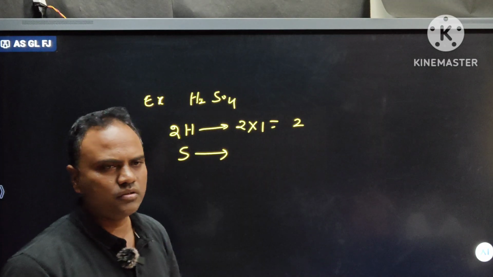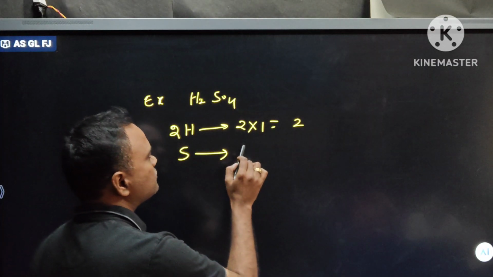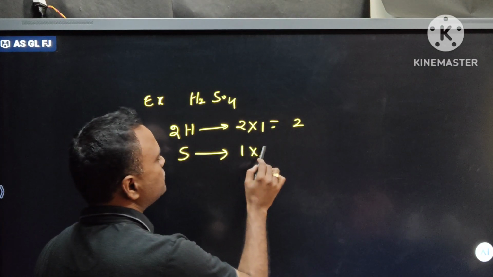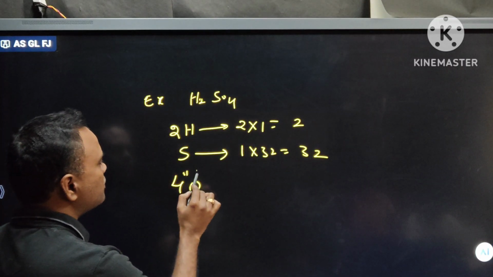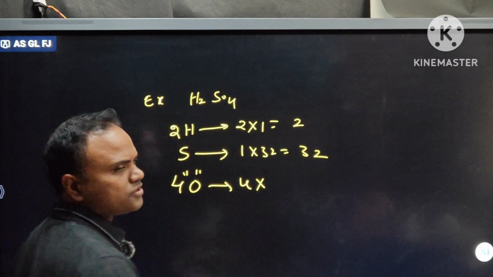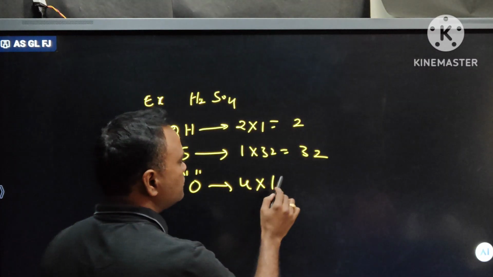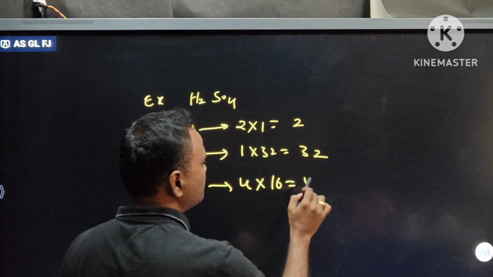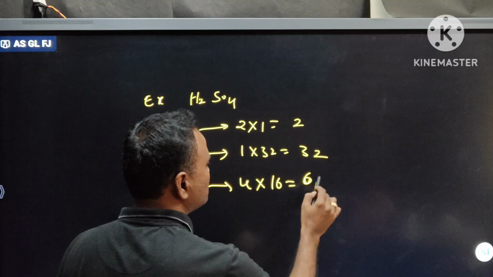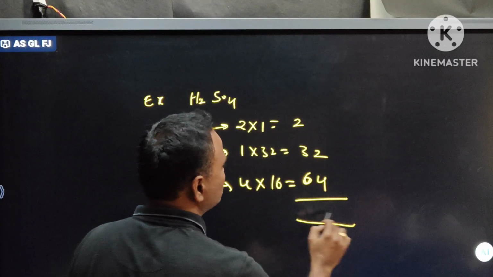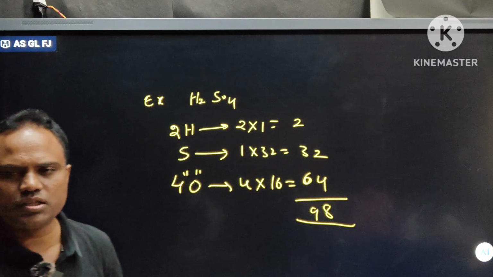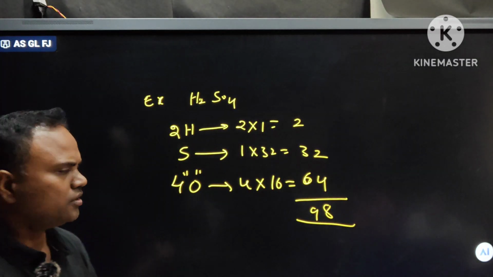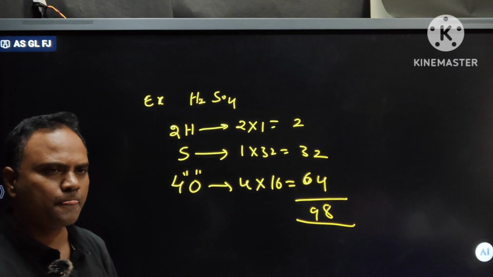See the table: sulfur weight is 32, 1 into 32. And how many oxygens do we have? 4 oxygens, 4 into each oxygen weight 16. So how much? 64. Total 98.